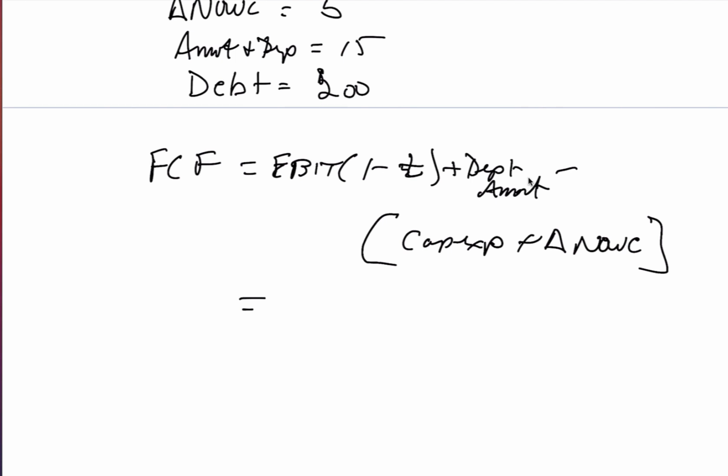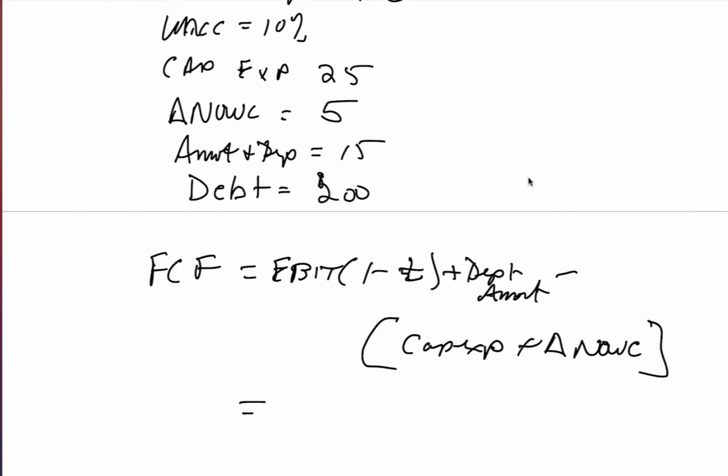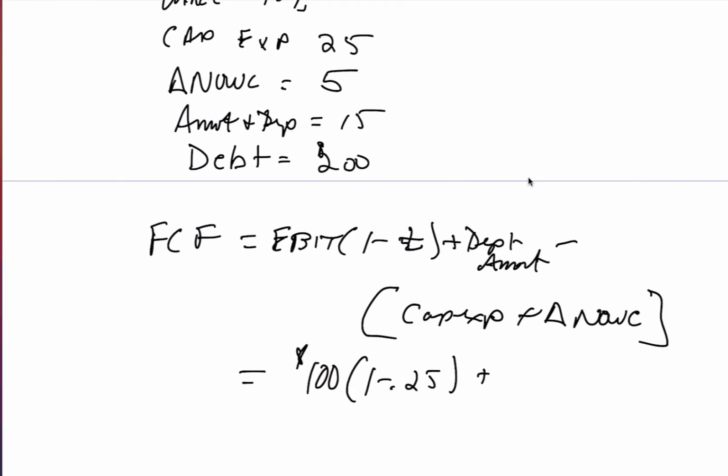EBIT is $100, the tax rate is 25%, depreciation and amortization is 15, CapEx is 25.